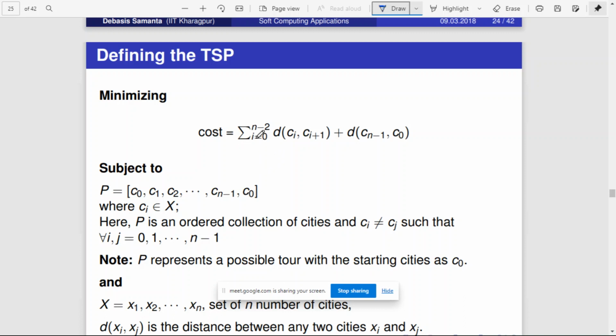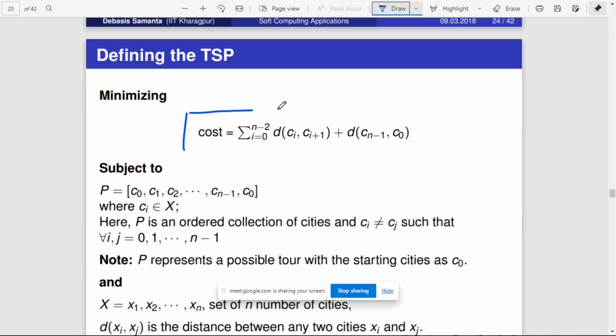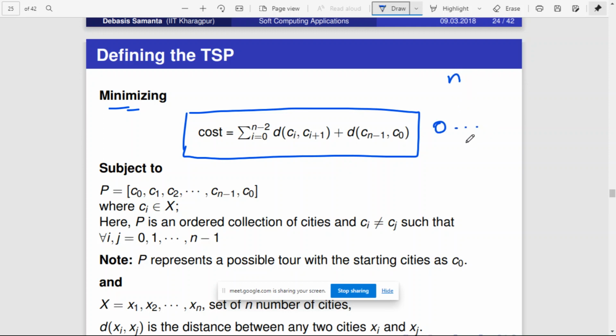So here you can see this is the cost function, and this cost function we want to minimize. How is this cost function given? Sigma i is equal to 0 to n minus 2. So there are n cities, and if I number from 0, it will go up to what?